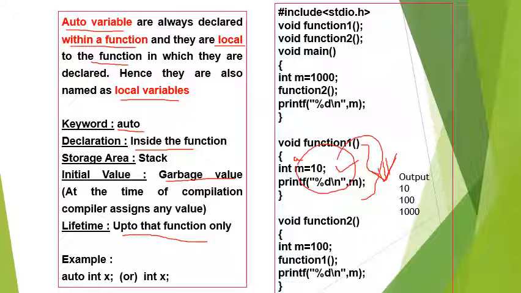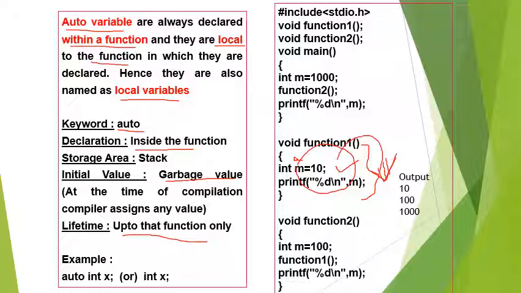So for a global variable, its scope will be the entire program. For a local variable, its scope will be inside the function only. So where it can be visible is called scope, and how long its value remains in memory, how long it is residing in memory, is called its lifetime.